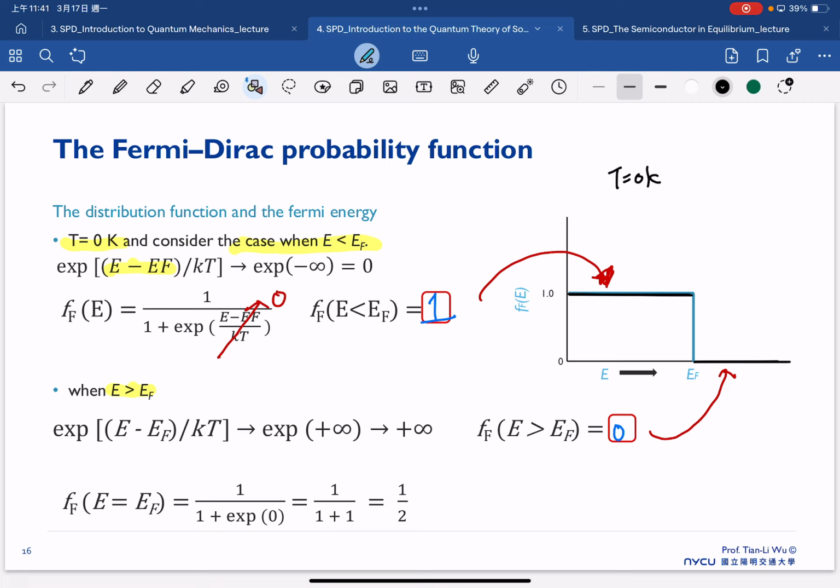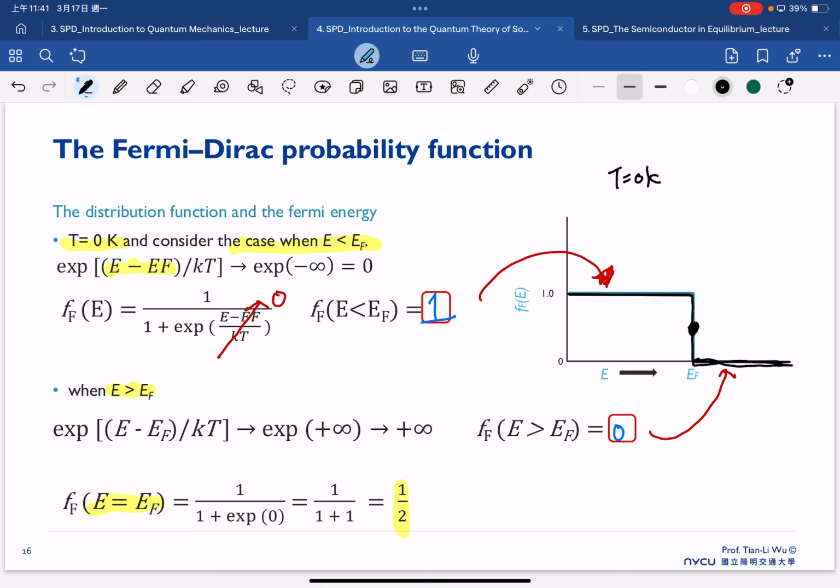And in between, when E is equal to E_F, we get 1/2. So that means the function looks like this.